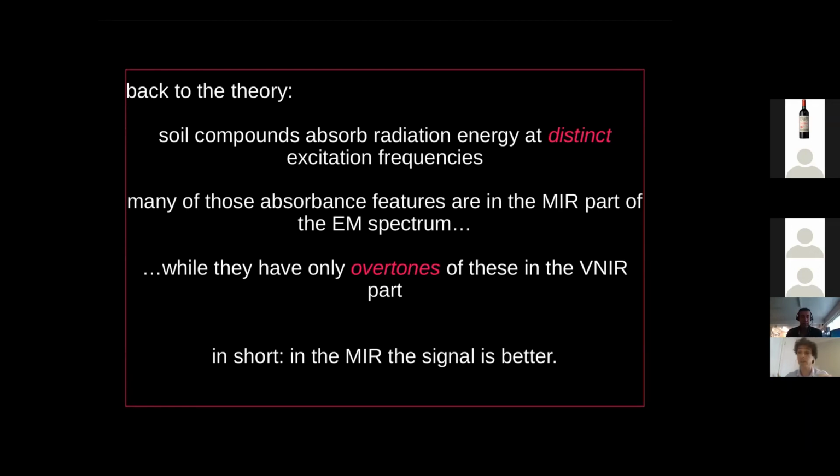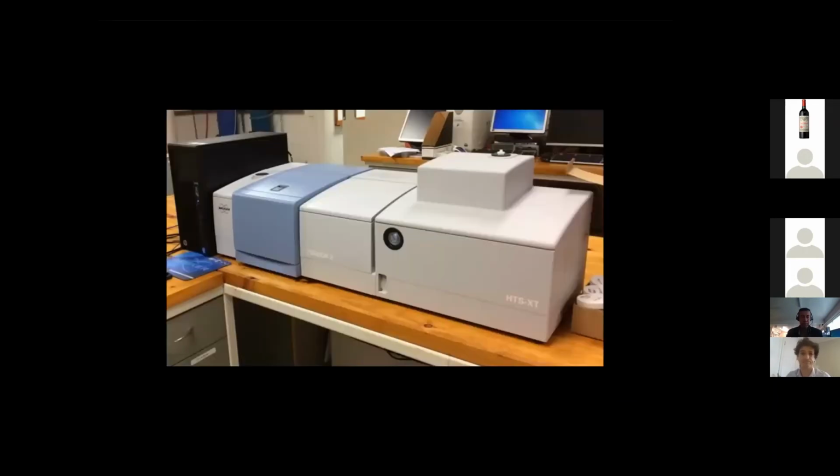What we see in the near-infrared is the overtones. A bit like when you look at a rainbow in the sky. Sometimes you can make out the second rainbow, but that's very dim. That would be the NIR, while the MIR might be the actual primary rainbow. So in short, in the MIR, the signal is much better and much clearer.